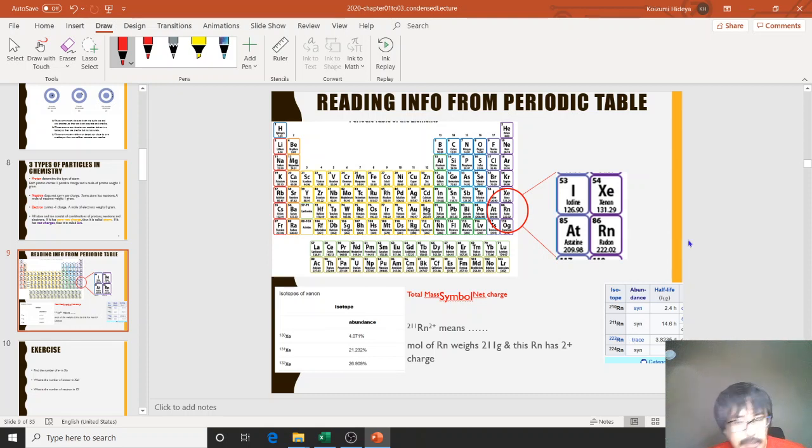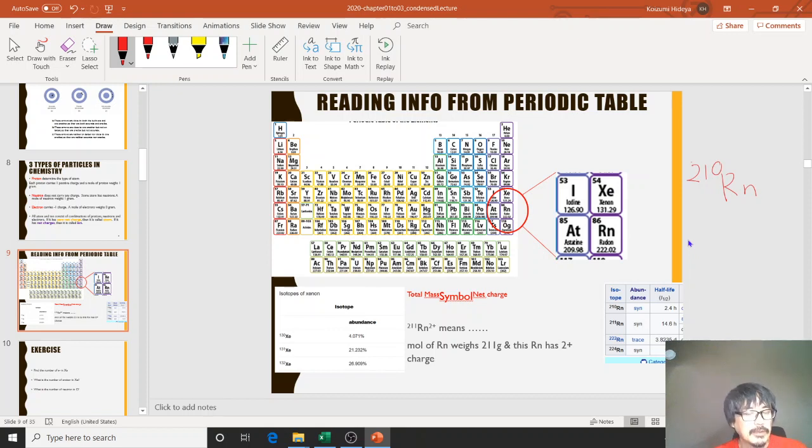Some of them have, my eyes are so bad, it's 210. So the mass is 210 radon, and then 0 charge right here, right? So it's neutral, it's an atom.